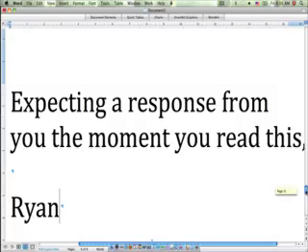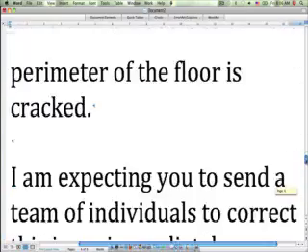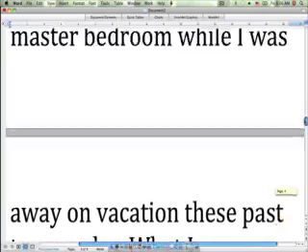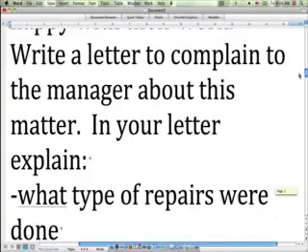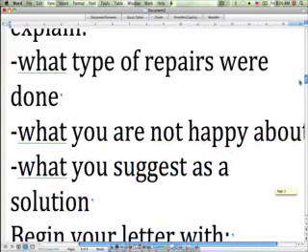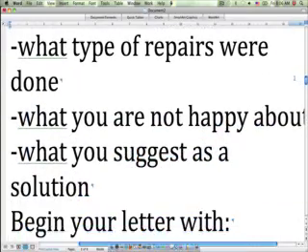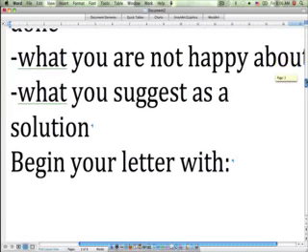Okay, so let's take a look at the letter from the beginning, and we'll do a little review of the question. We know that it's a letter of complaint to the construction company. The 3 things we were supposed to include: what type of repairs were done, so we had repairs done on our bathroom. What you are not happy about: we're not happy because the sink is the wrong color and the tiling on the floor has been installed incorrectly.